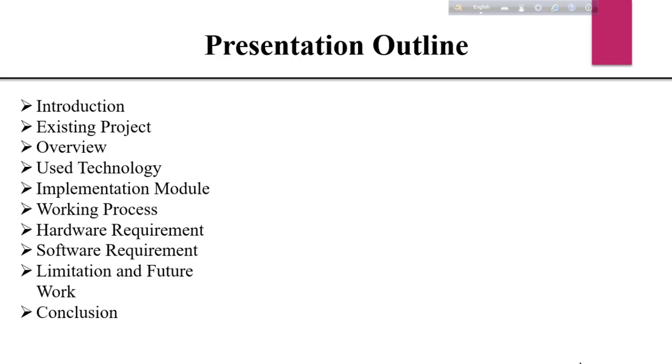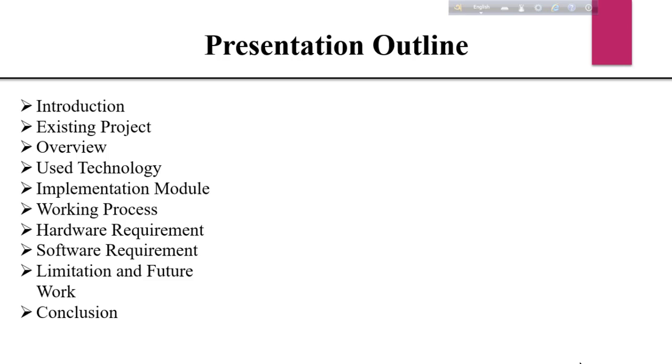Then I talk about technology, which technology I used to implement this application. Then I talk about implementation module, for which platform this application is made. Then I talk about the main thing of this presentation, that is working process of my application.